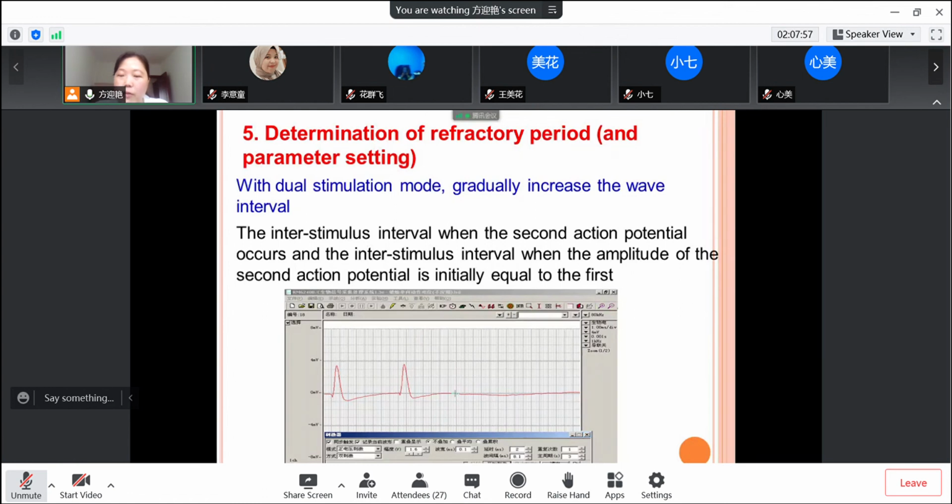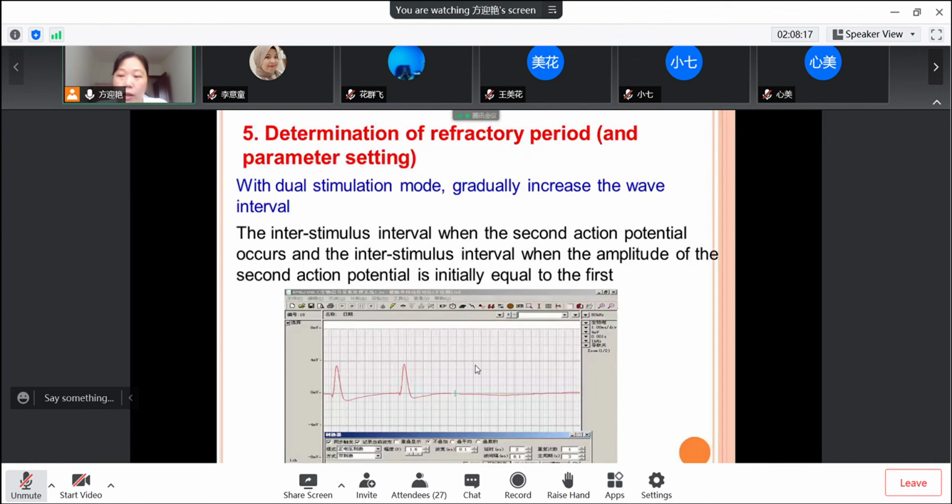If the interval of the two stimulations is shorter than the refractory period, can you tell me whether the second action potential can be produced? Yes or no? No.